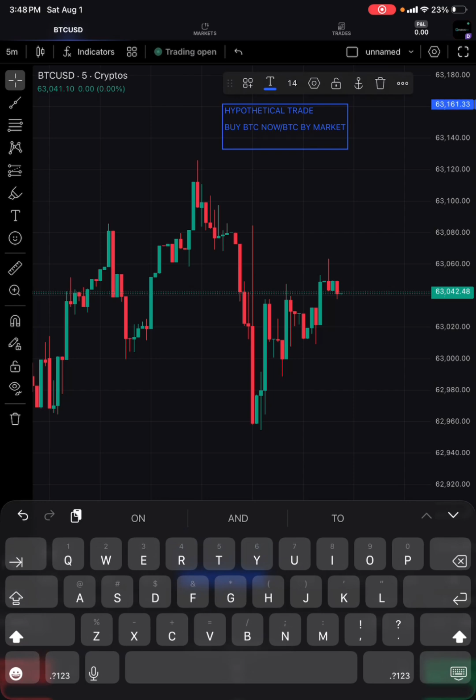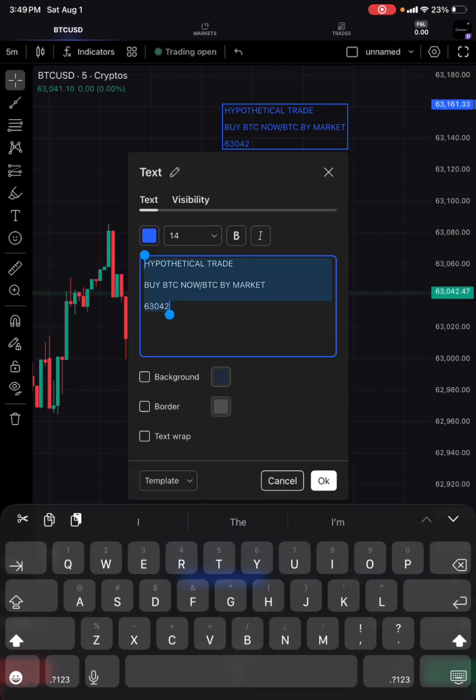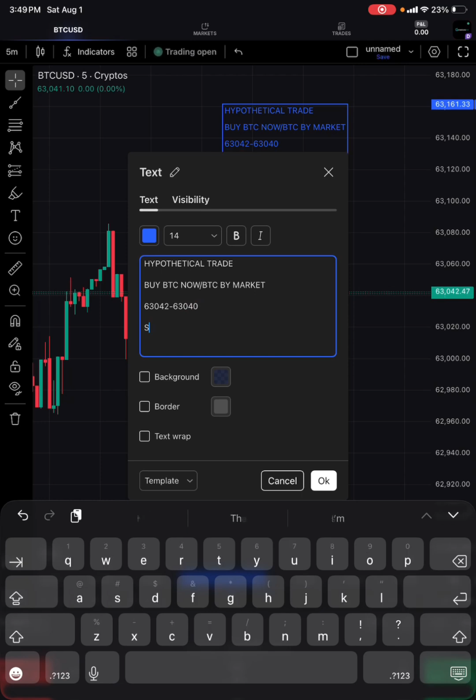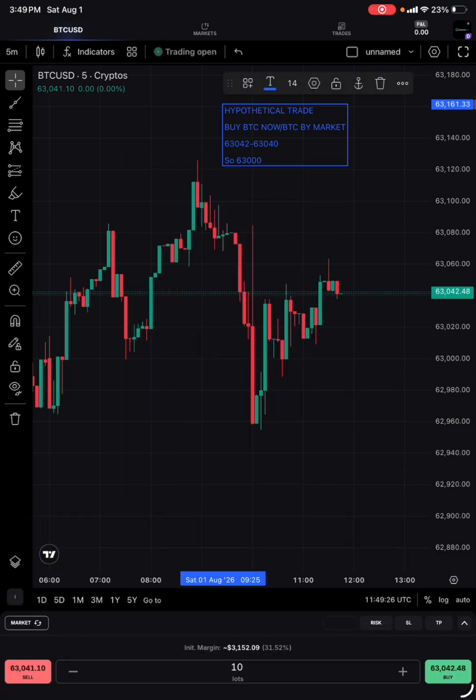The entry says 63042 to, let's say, 63040, which is literally nothing. Stop loss is 63,000, sorry. That's a trade.